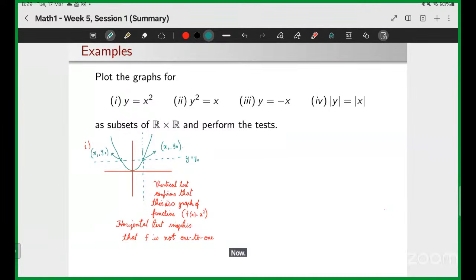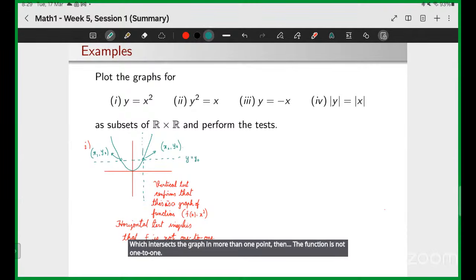Now, suppose you have a function, then you can do the horizontal line test. And even over here, even if there is one horizontal line which intersects the graph in more than one point, then the function is not one-to-one. Is that clear?